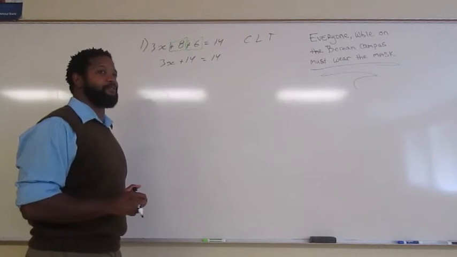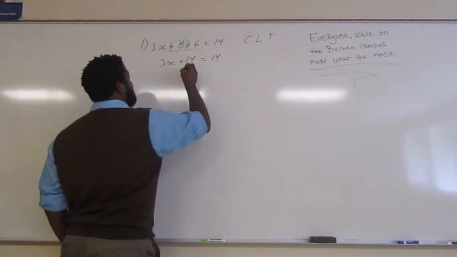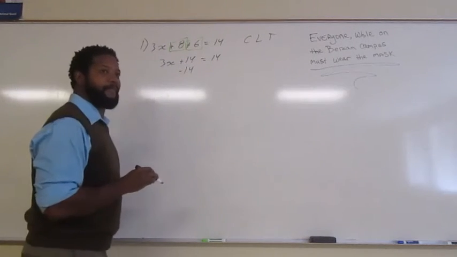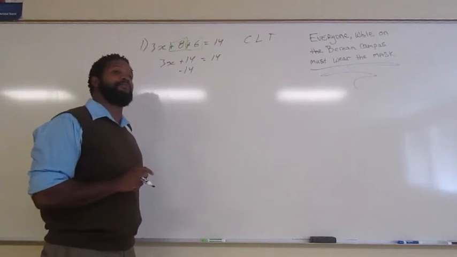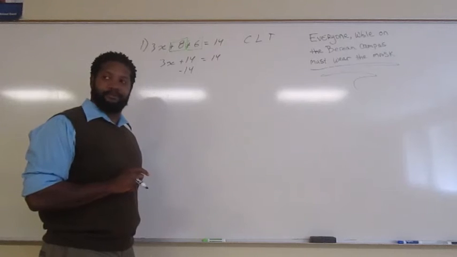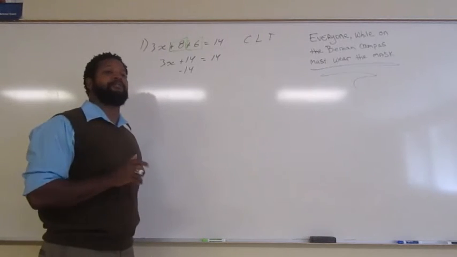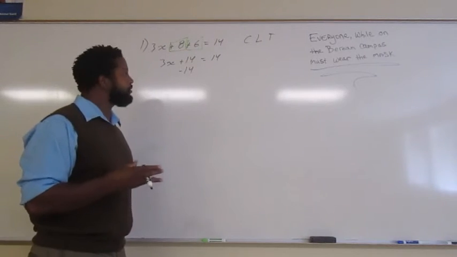Mason, help your brother out. You subtract the 14. There you go. Subtract the 14. Okay? Subtract it. Morgan, what you do on one side, you must do to the other. It's okay. What you do on one side, you must do it on the other.